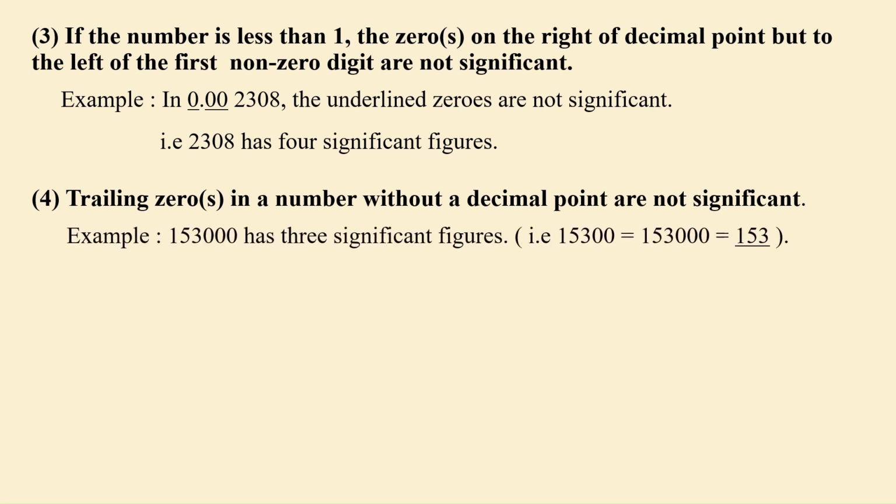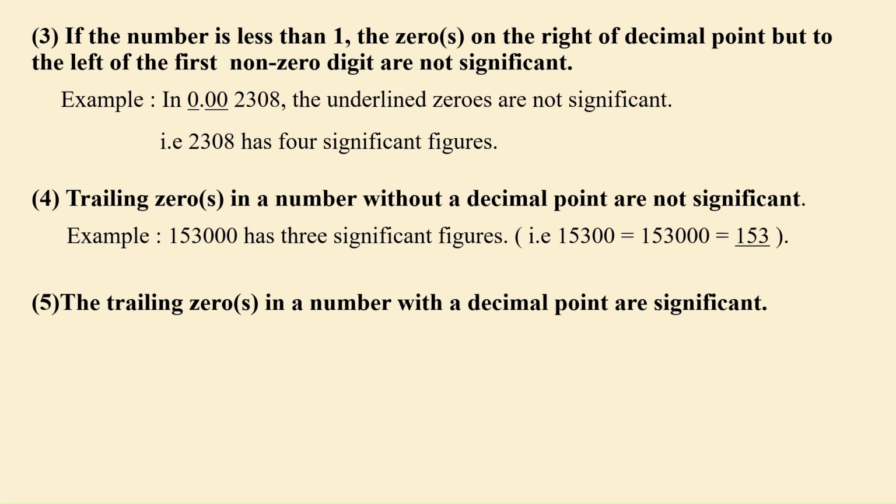Example, 1,53,000 has 3 significant figures. That is, 15,300 is equal to 1,53,000 is equal to 153. 5. The trailing zeros in a number with a decimal point are significant. Example, 3.700 has 4 significant figures.